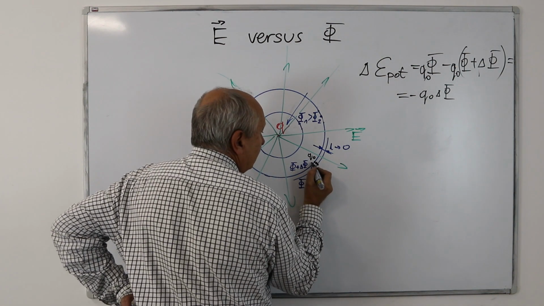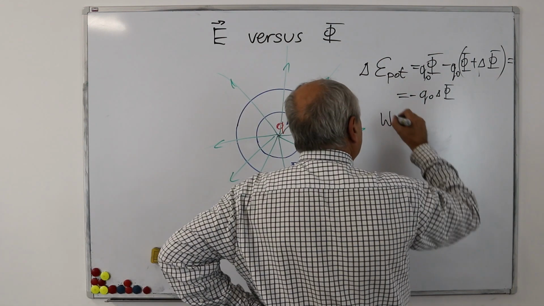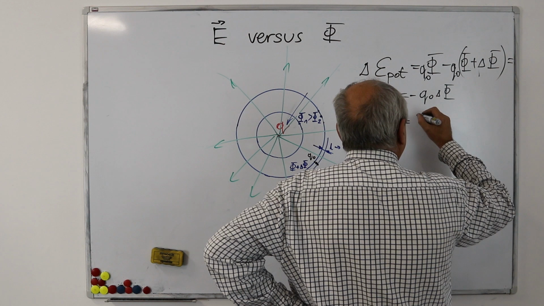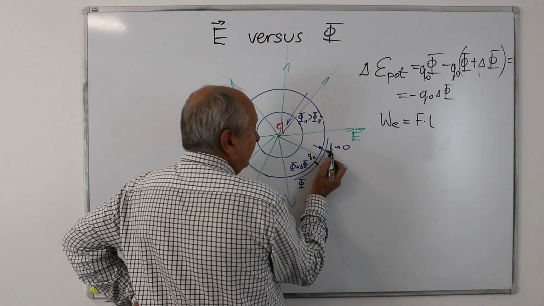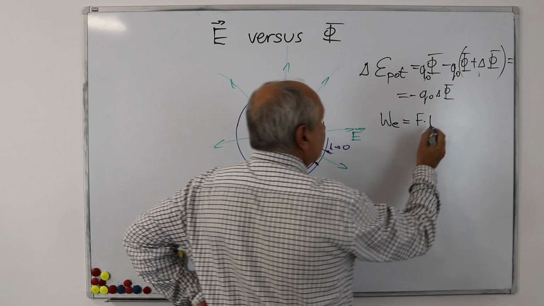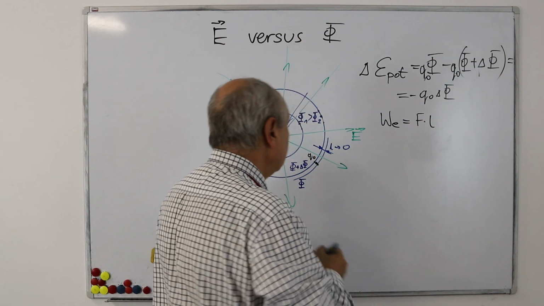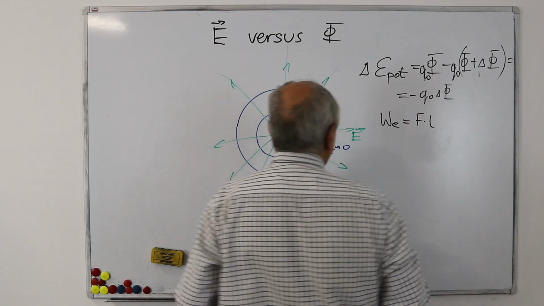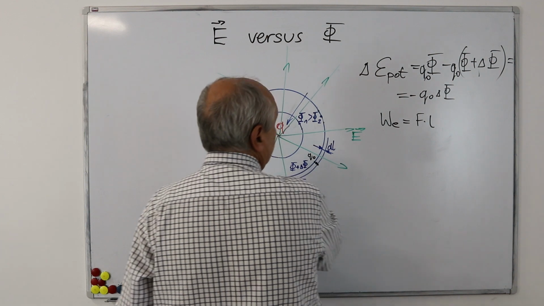Because moving charge q from position 1 to position 2, the electric field does work that is equal to F dl. In our case, L is going to 0, so we can write dl as a differential distance.